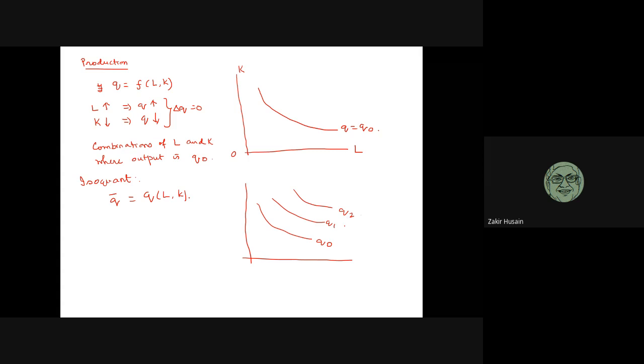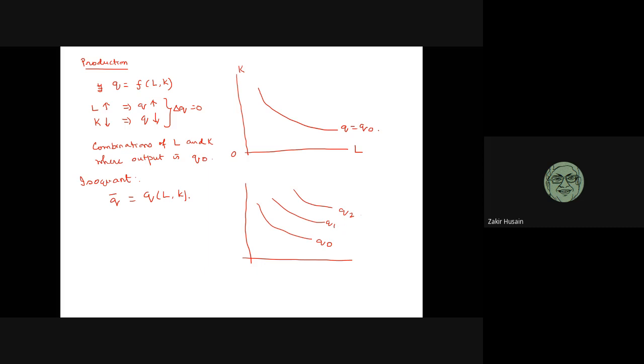So we have production, we have consumption, we can draw level sets for either of them. Now the case of production. Can you please say what is isoquant? Isoquant is the combination of labor and capital.